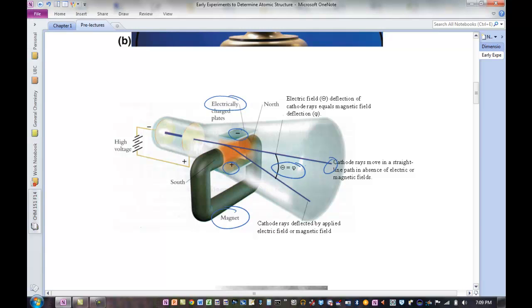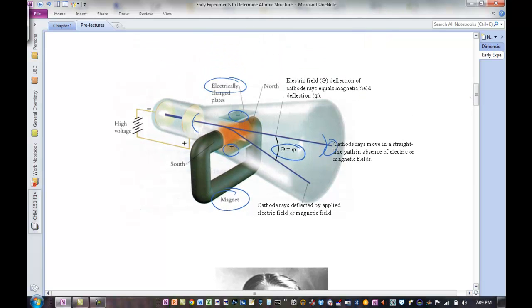Then, using some equations based on the field strength of the magnetic field, the electric field, and the length that the beam traveled, and I think it talks about this in the animation, I'm not going to go into all the details here, but based on this experiment, he was able to determine the charge to mass ratio of these things.